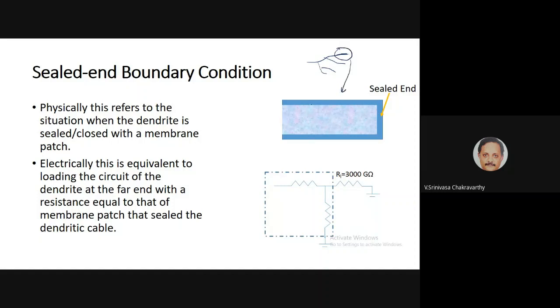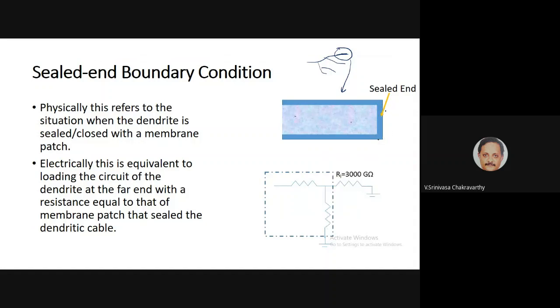The dendrite has a membrane coating, and membrane is a great insulator. The cytoplasm is more conducting, but the membrane is a great insulator. Therefore, you can think of this small patch at the tip of the dendrite as a resistance of a high value.